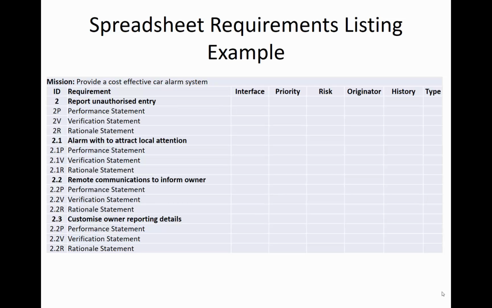Remote communication of some kind or another to inform the owner, and customizing our owner reporting details so they can actually put in their own phone number and so on. And so we could put in our performance statements, our verification statements, and our rationale statements, or why that requirement actually exists for each of those as well.